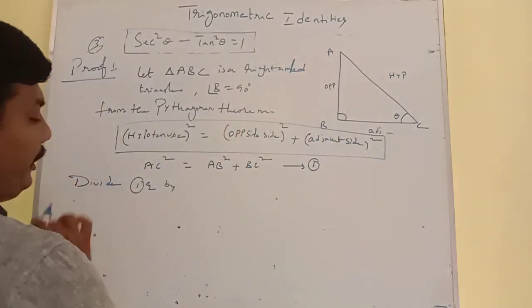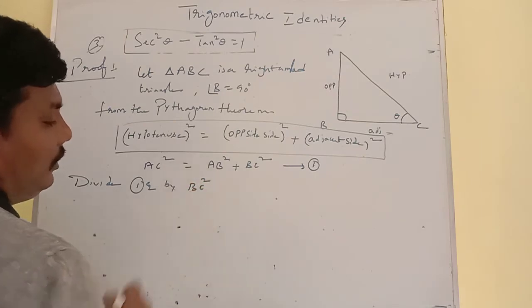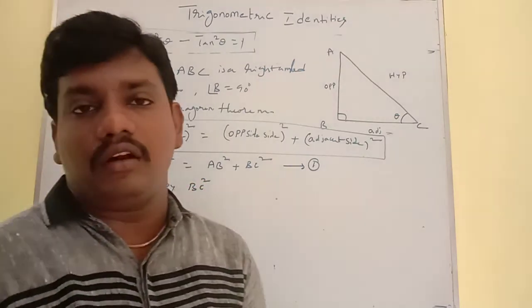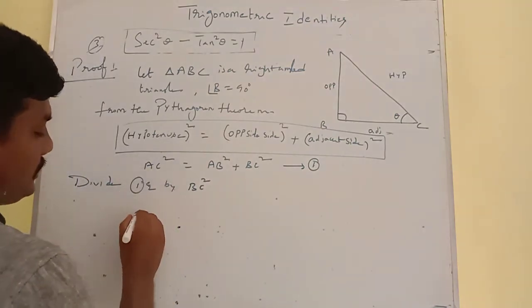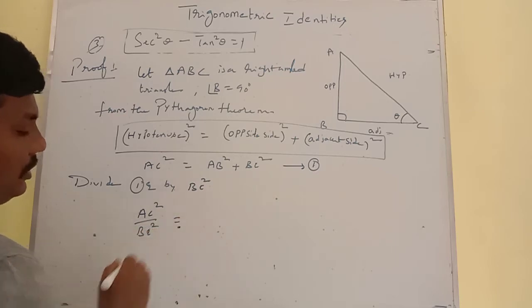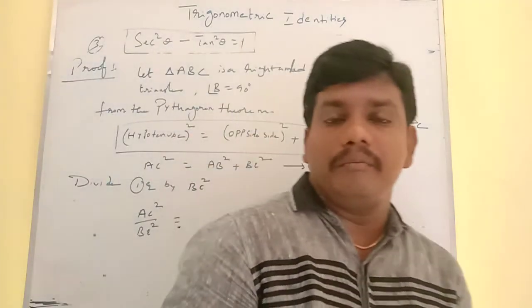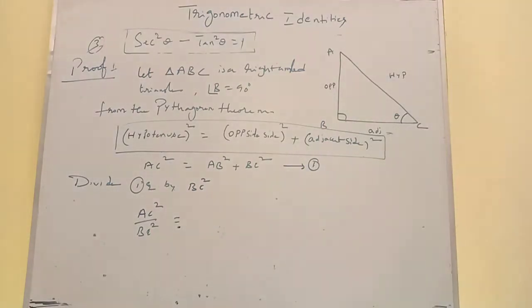Then divide the first equation by BC square. The side BC square we have to divide the first equation by. So AC square is equal to AB square.